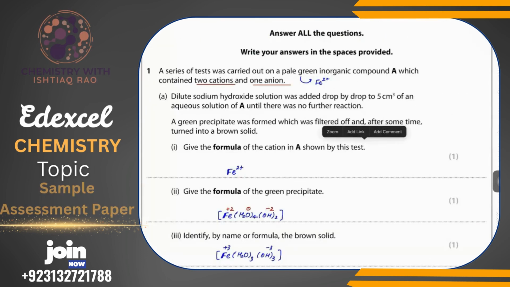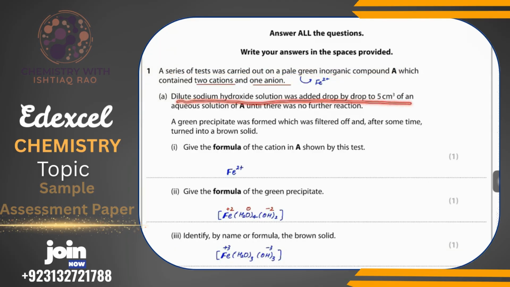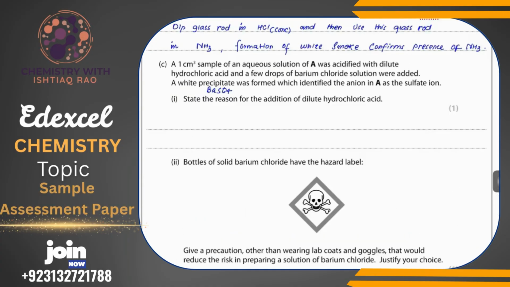Solution A is the formation of the cation in compound A. Dilute sodium hydroxide solution was added drop by drop to 5 cm cube in aqueous solution of A. So 1 cm cube of sample of an aqueous solution of A was acidified with dilute hydrochloric acid, and then he has done the test by adding barium chloride.